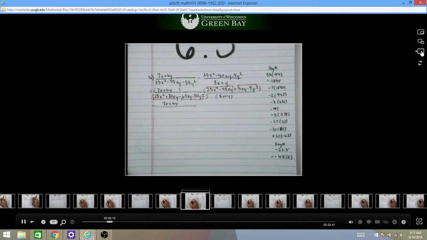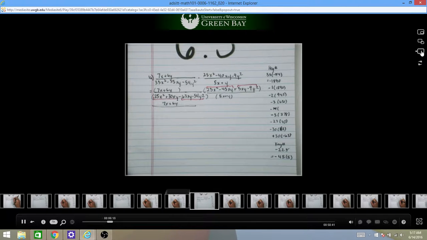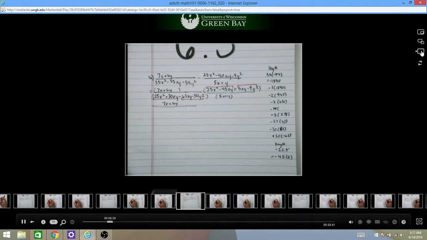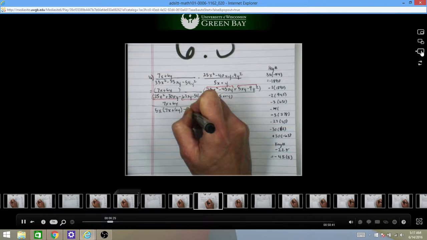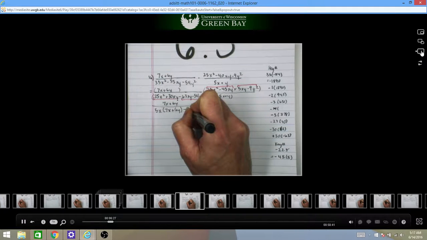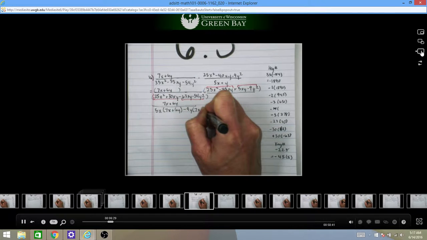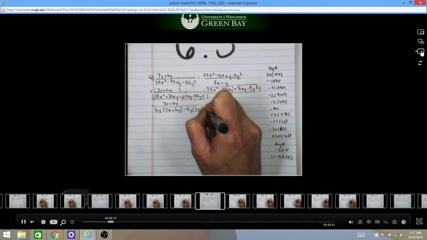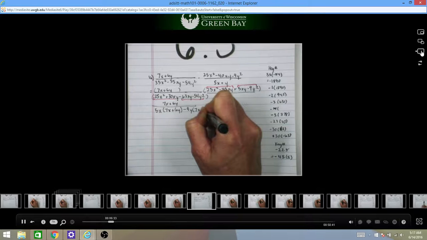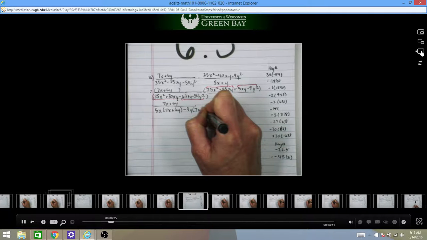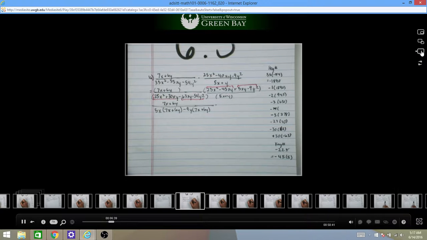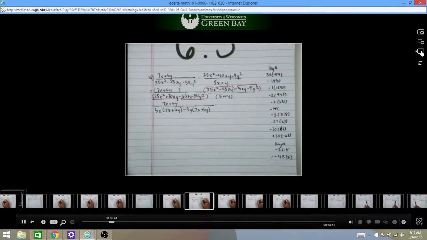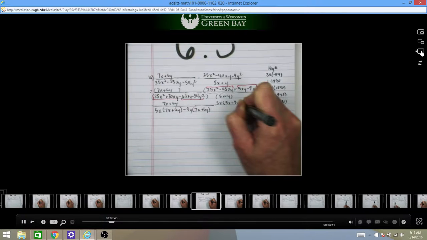And the greatest common factor on the second two terms would be negative 9y. In the second numerator, the first two terms you can factor off a 5x. On the second two terms, you can factor off a y.